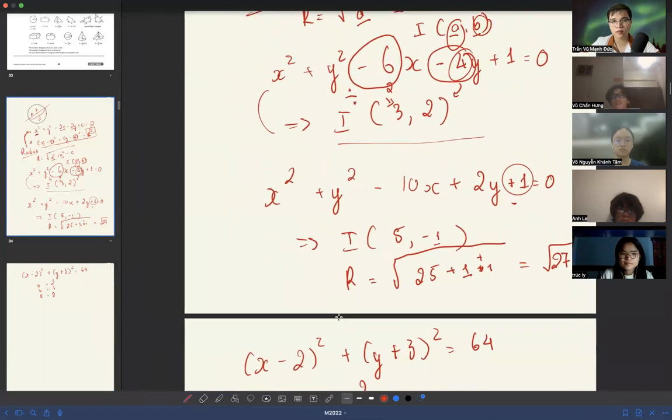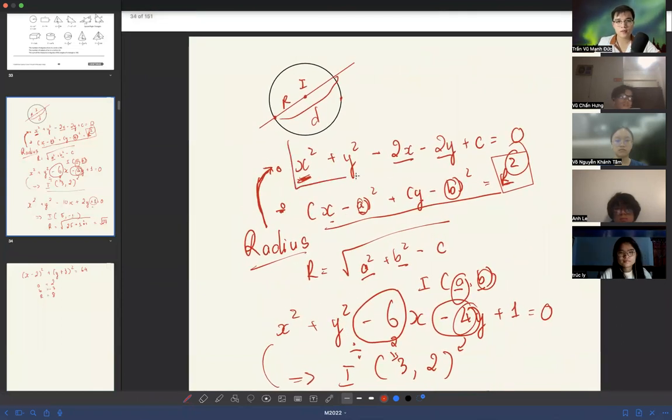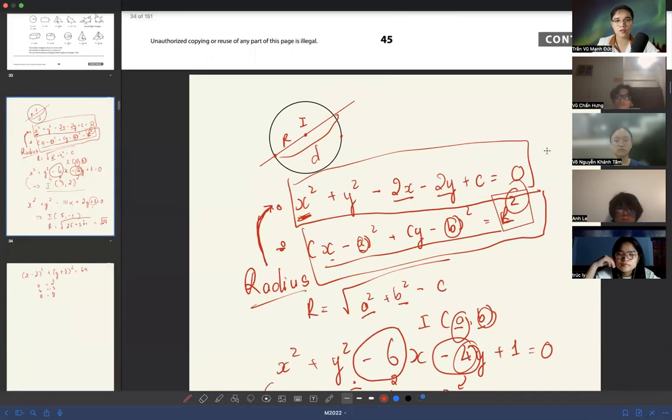It's quite simple. Just remember the formula. I will circle them again. This is the first formula, and this is the second one. About how to calculate the area and the circumference of a circle, I will quickly remind you that the area is pi r squared, and the circumference is 2 pi r.